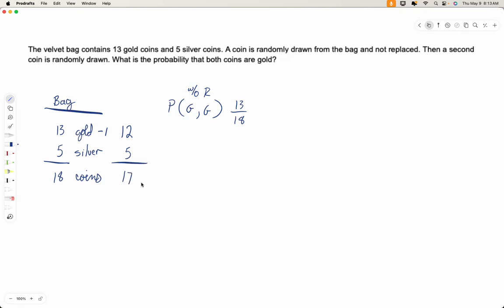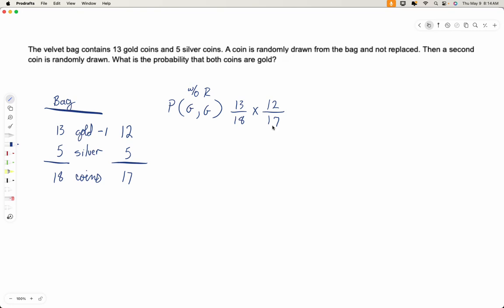So when we try to pull that second gold coin out, the probability changes to 12 over 17. You have to account for each individual event the way that it looks. When we took that one gold coin out, we had to adjust our totals, which affects the next probability fraction.